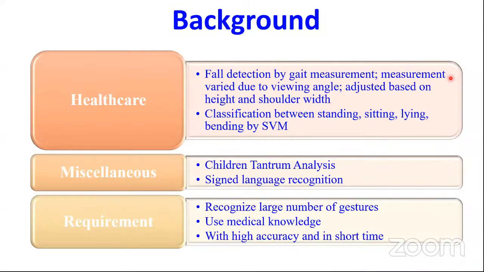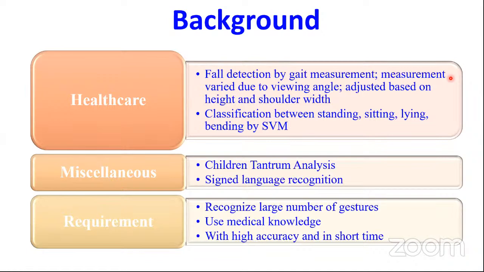Before that, let us go to the background of different application domains only for the healthcare domain. So how the healthcare domain has been enriched by AI applications by different researchers. In the healthcare domain, the major research papers done so far are on fall detection by gait measurement.